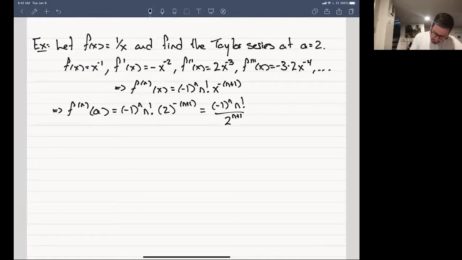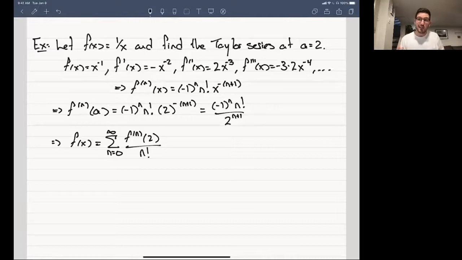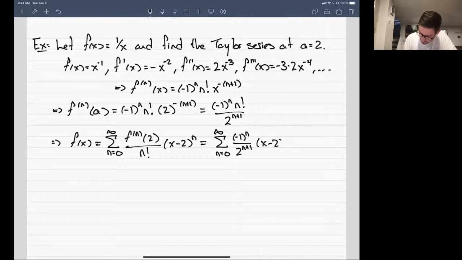And so if I do my Taylor series, remember it looks like this: I have the nth derivative at 2, which is a, divided by n factorial. You can see n factorial coming from the nth derivative, and it's going to cancel with the n factorial in the denominator. And so I get a nice series representation of the form minus 1 to the n divided by 2 to the n plus 1 times x minus 2 to the n.